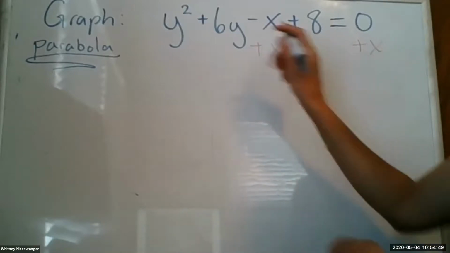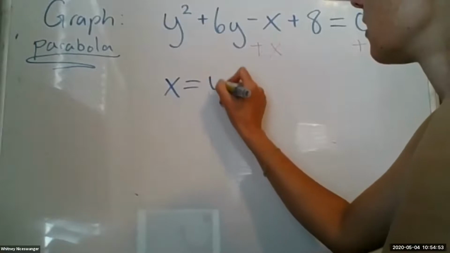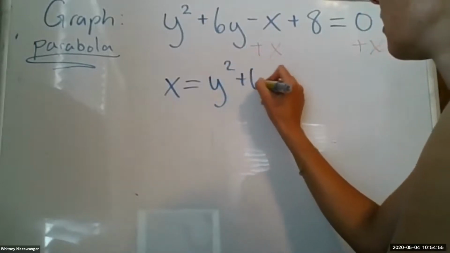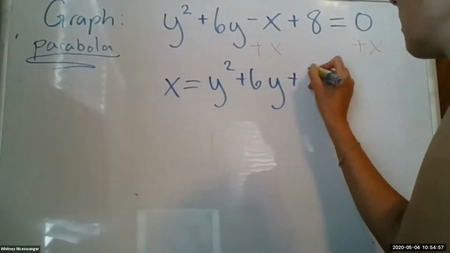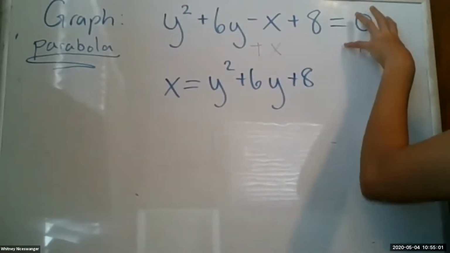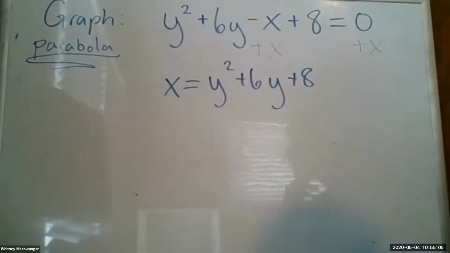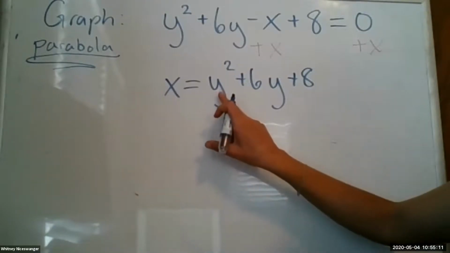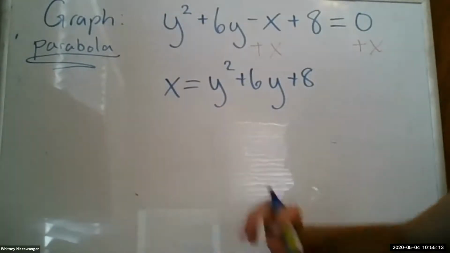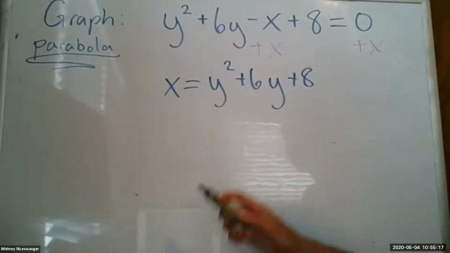And then to make it more normal, I'm going to switch everything. All right, so I moved the x over here, and then I just wrote this stuff there and this stuff here, okay? So now does it look closer to our parabola? Except you see that this parabola is going to open sideways because the y term is squared, the x term is not squared. Okay. Next step is to complete the square.